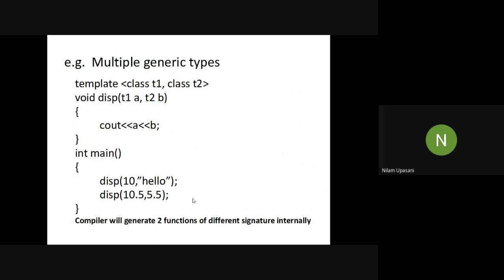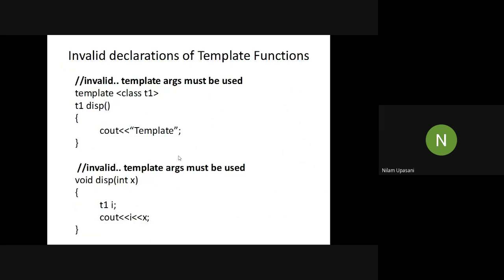I can go on calling this function for different combinations. So this is a generic function I have created with multiple generic types. There is no limit, you can have T3 also, comma class T3. It is based on the requirement of your application.